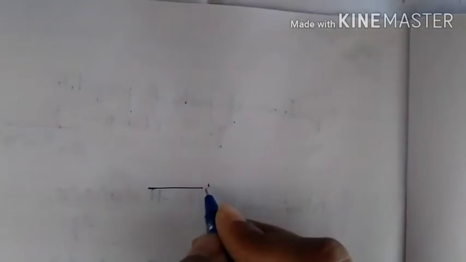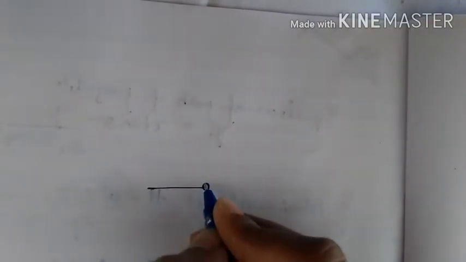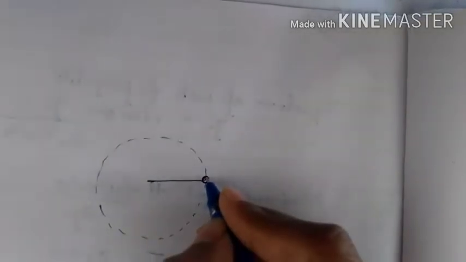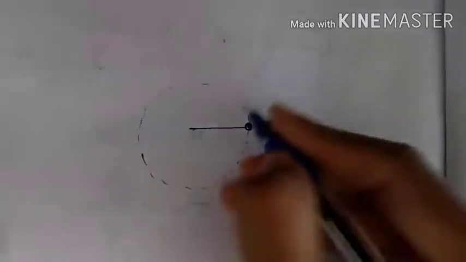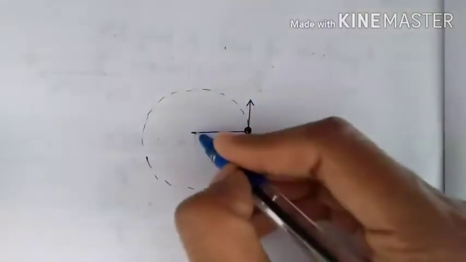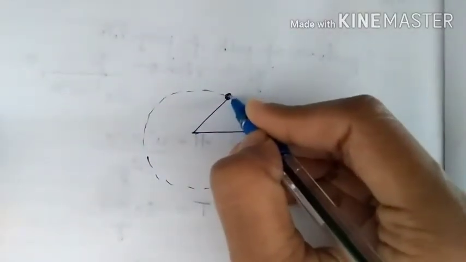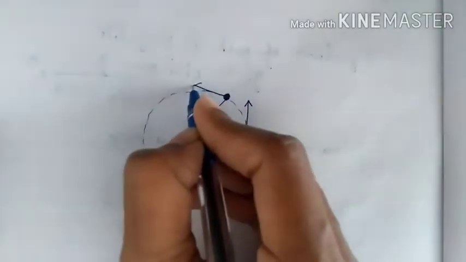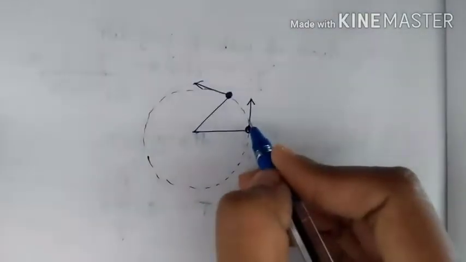Let me draw a small diagram so that you can understand it clearly. If this is rotated, it goes in a circular path. This is the ball tied to the thread, and at each point the ball has a direction like this. This is the direction of velocity.